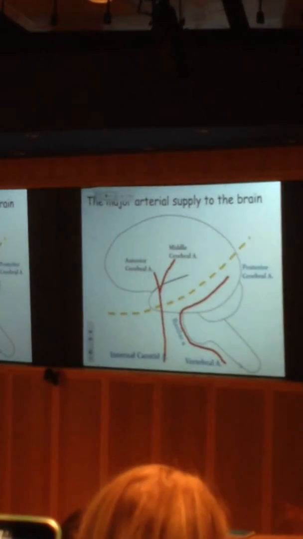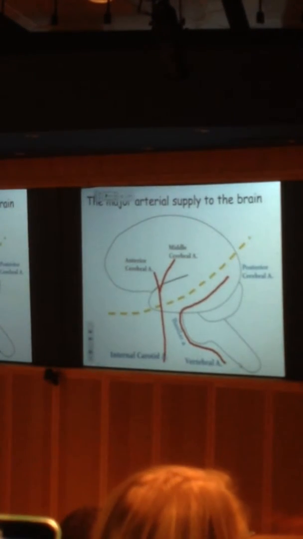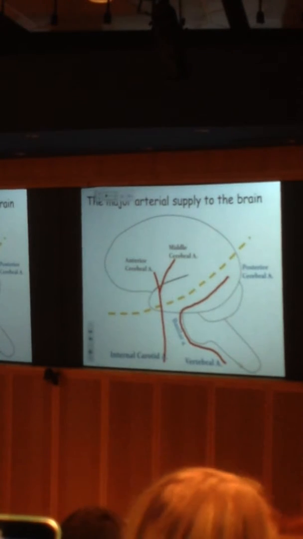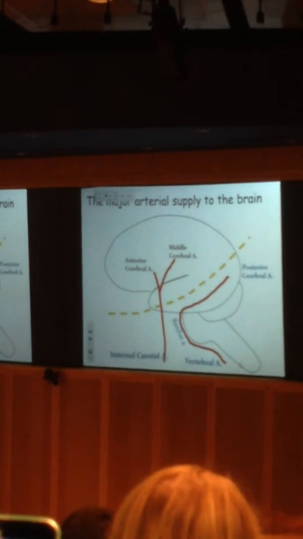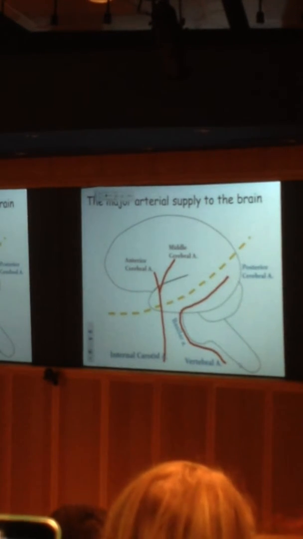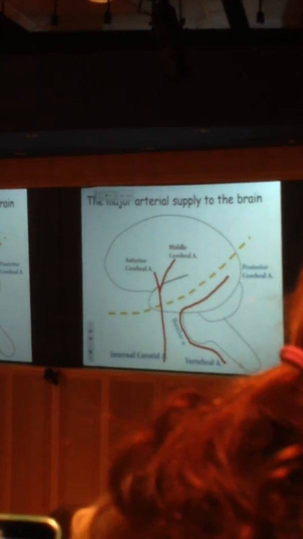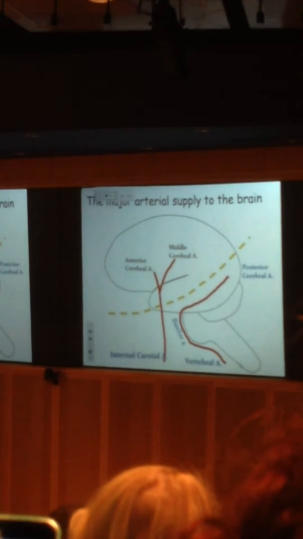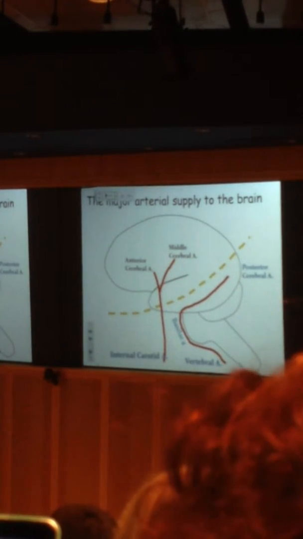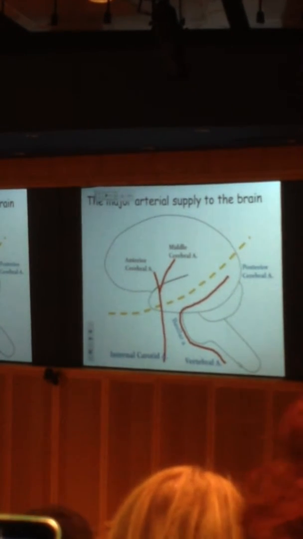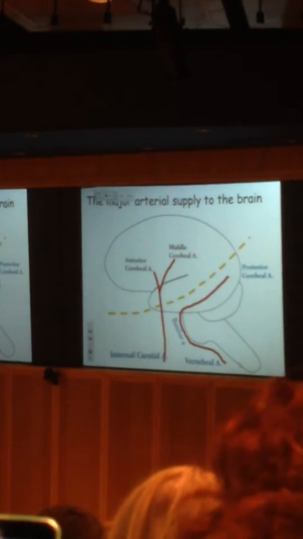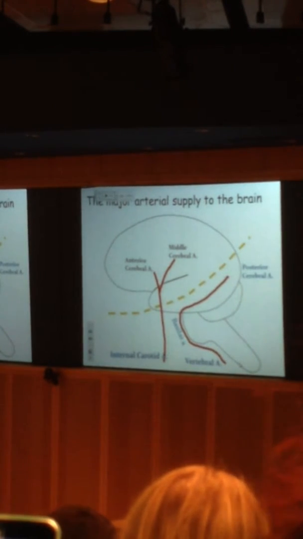We're going to take a closer look at how these arteries supply blood to your brain. Here, the internal carotid artery is further divided into two main branches: the anterior cerebral artery and the middle cerebral artery. The vertebral artery comes from behind, from the posterior side of your brain, and the two vertebral arteries merge to become the basilar artery.